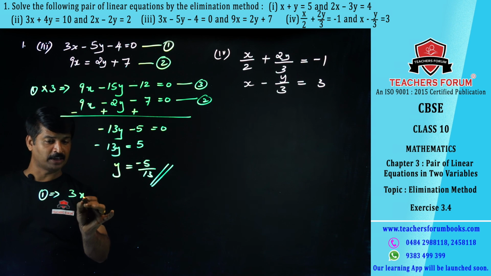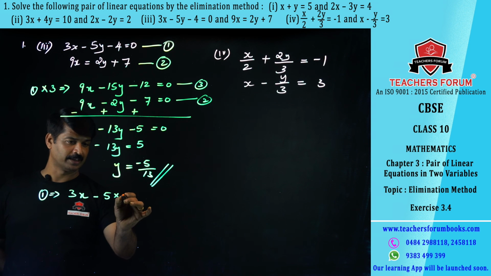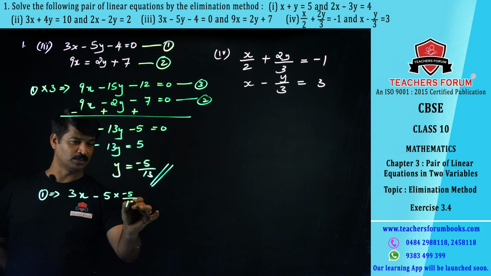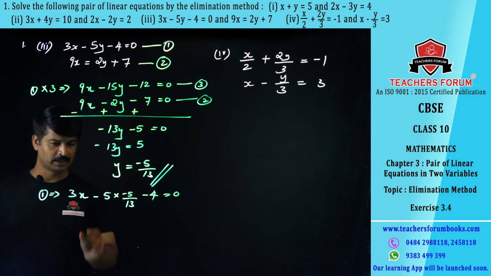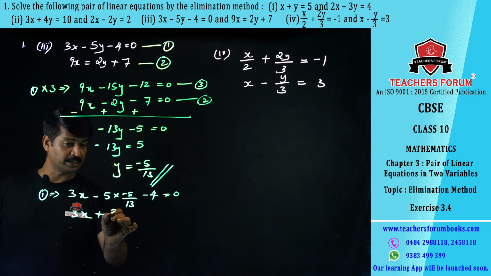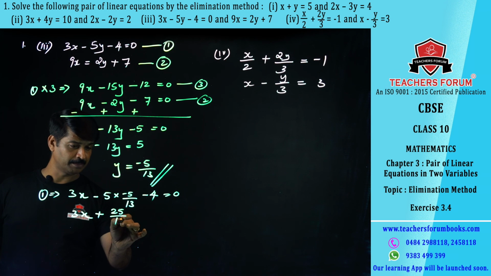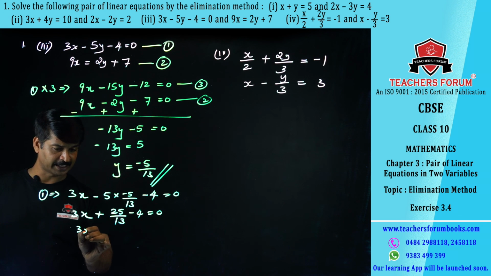Then equation number 1 becomes 3x minus 5 into, what is y? That is minus 5 by 13, minus 4 equals 0. That is 3x plus 25 by 13 minus 4 equals 0. Then what is 3x?